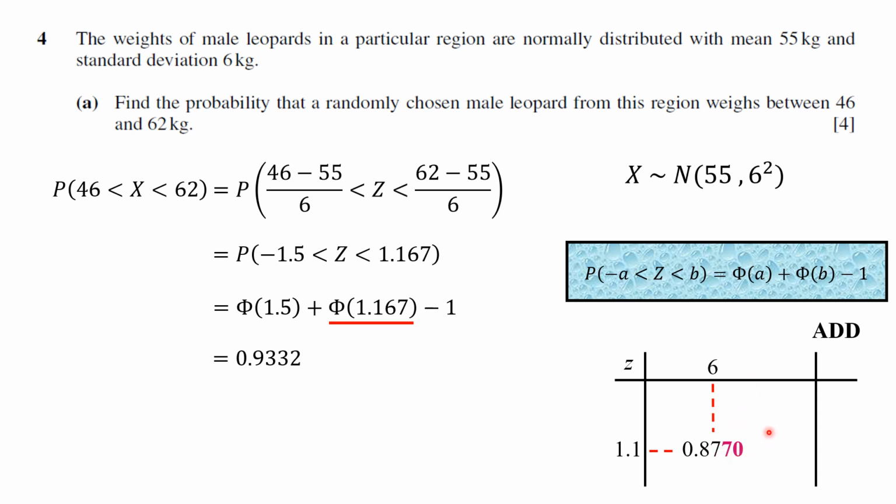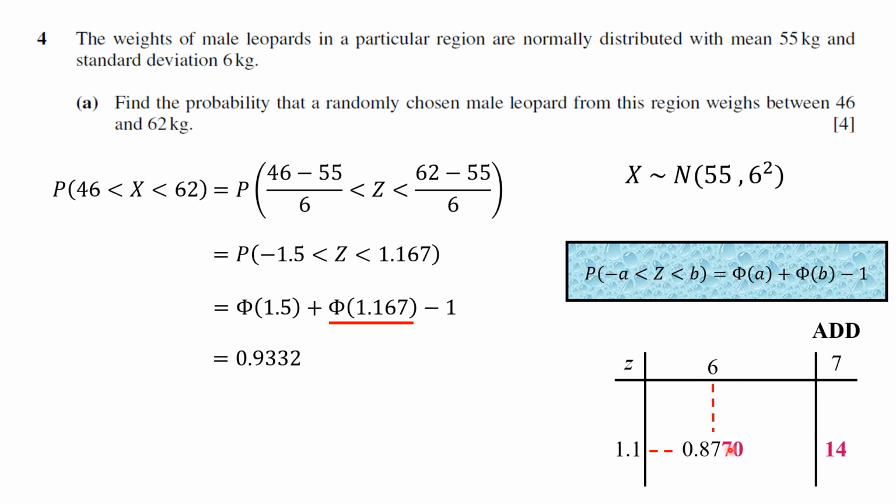Now, using the last digit remaining, which is 7, we look at it in the add region here. If you look at 7 in the add region, where it coincides with 1.1 here, it's going to be 14.